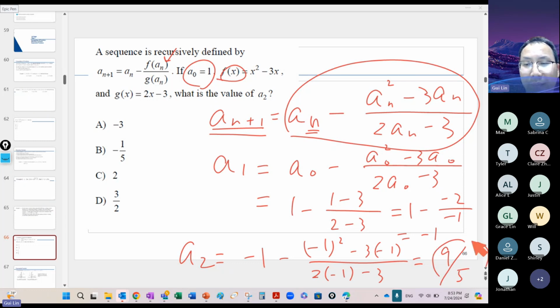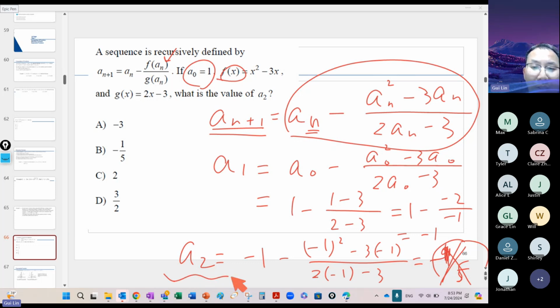I hope you got the same as mine. I got negative 1 over 5. Maybe I'm wrong. Negative 1 over 5.